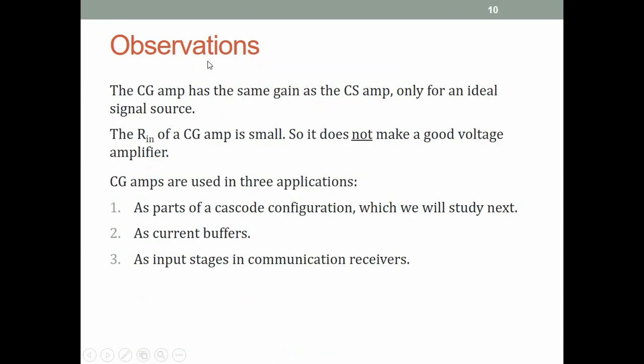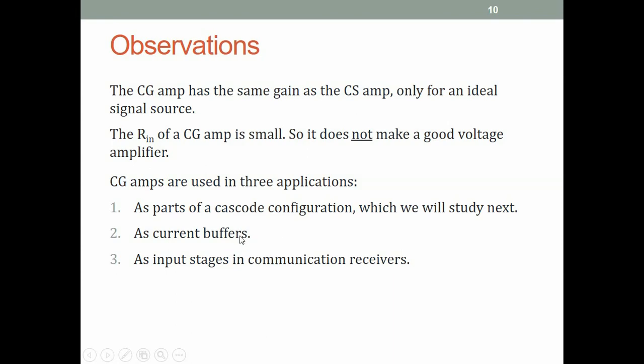So here are the observations we make about a common gate amplifier. First of all, it has the same gain as a common source amplifier, but only for an ideal signal source. Its input resistance is small, therefore it does not make a good voltage amplifier. So in reality, common gate amplifiers are broadly used in 3 different types of circuits. One is as a part of a cascode configuration, which we'll study in the next lecture or the lecture after that.